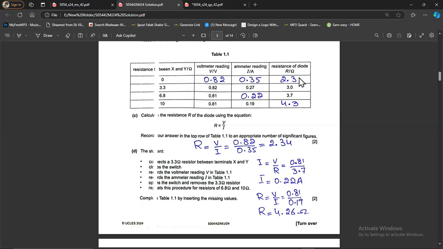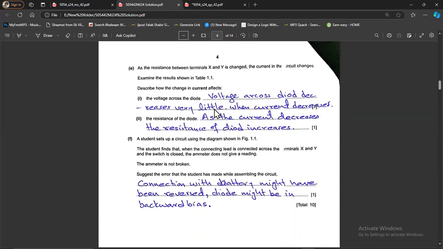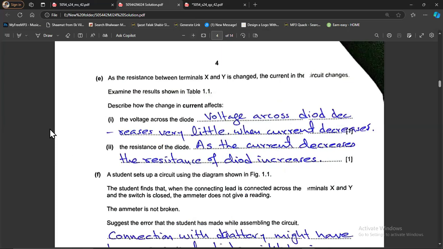And what is happening with the resistance? The resistance is basically increasing. So voltage across the diode decreases very little when current decreases.